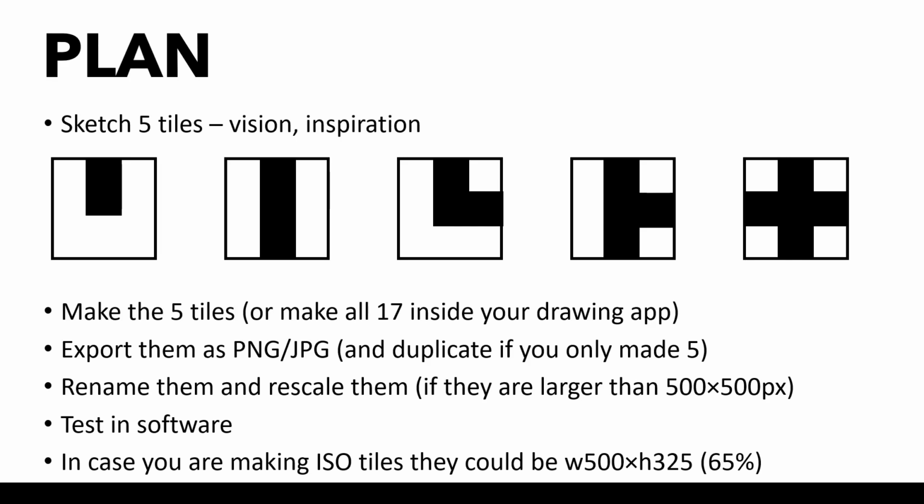And after you make 17 tiles, test them in software. In case you are making ISO tiles, so isometric tiles, they could be 500 in width and 325 in height. So for isometric, the difference between width and height is 65%. So the height is 65% of the width.